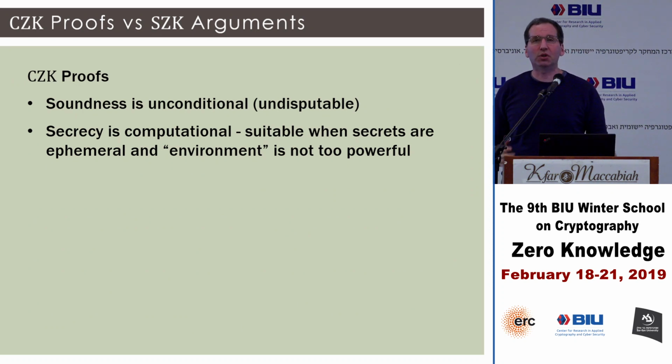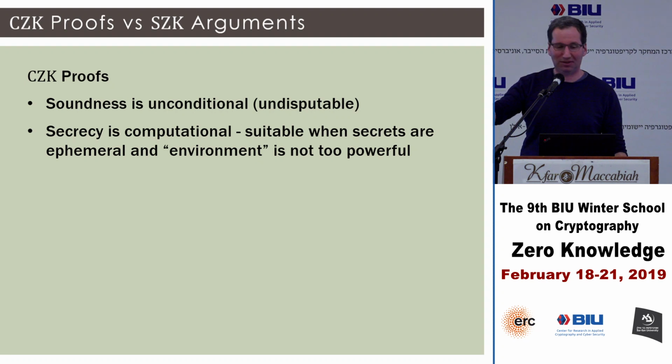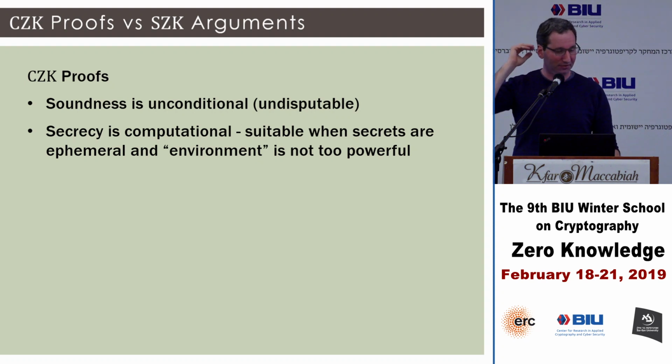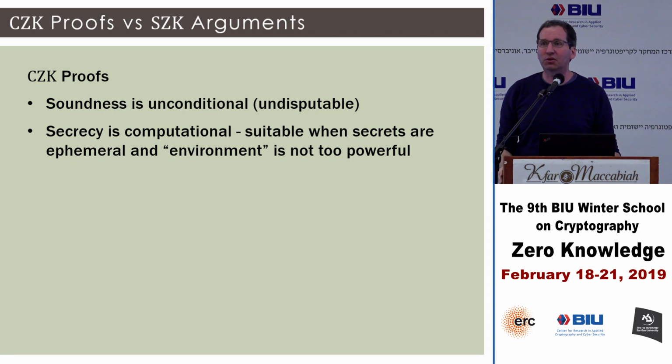Okay, so let me say a few words about computational zero-knowledge proofs versus statistical zero-knowledge arguments. In a computational zero-knowledge proof, the soundness is unconditional, which is awesome. It means that if you pass verification, there's no chance that the statement is false. You cannot dispute the veracity of an accepting statement.